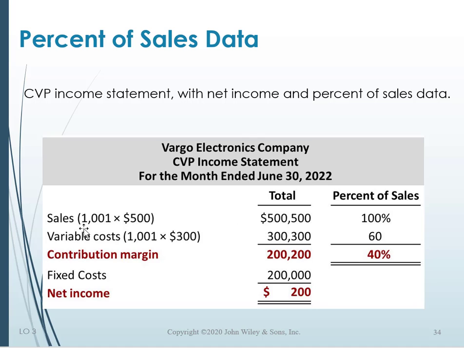So again, here we have, if it's 1,001 units, 500,500. The cost, we have 200,200. We know that the variable cost is 60% of sales. So that means the contribution margin is 40%.